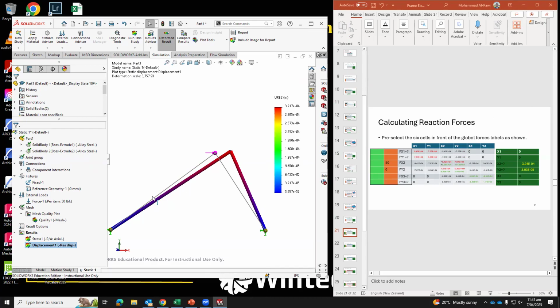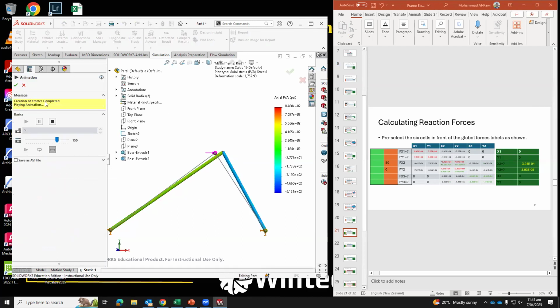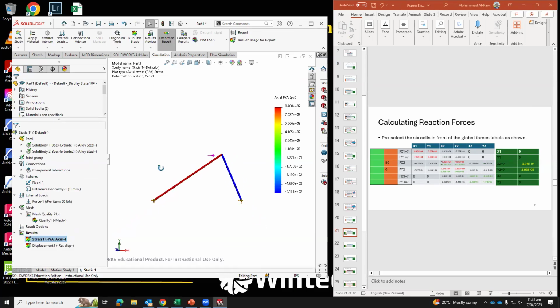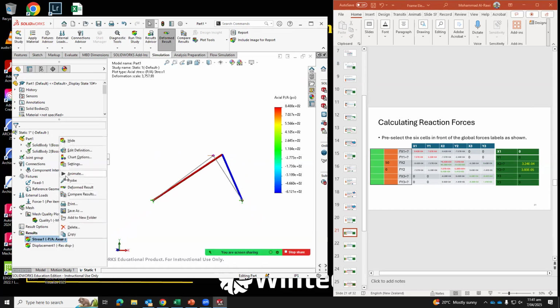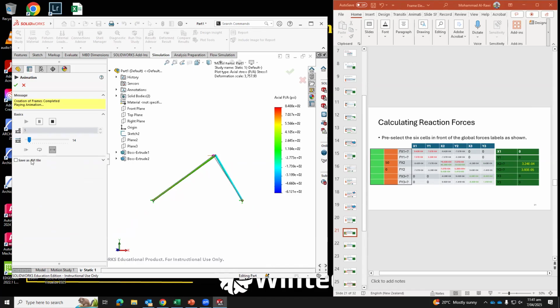If I want to check the axial direction, I could just play, animate, slow the animation, it's too fast. That's technically how the beam is corresponding towards that load.